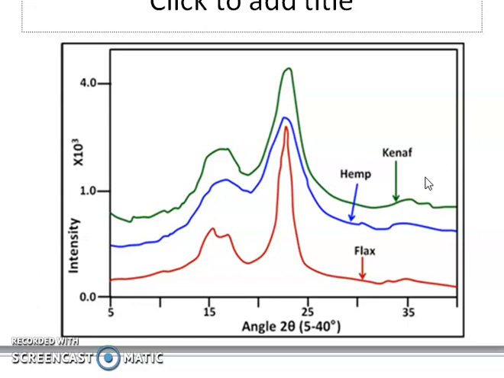In the case of hemp fiber, the peak is not very sharp, and kenaf fiber again has a comparatively somewhat sharper peak in comparison to hemp. So if you calculate the crystallinity percent, you will find different values for hemp, flax and kenaf crystallinity.